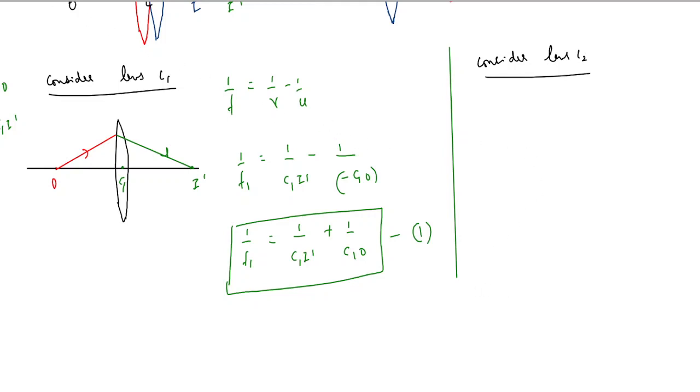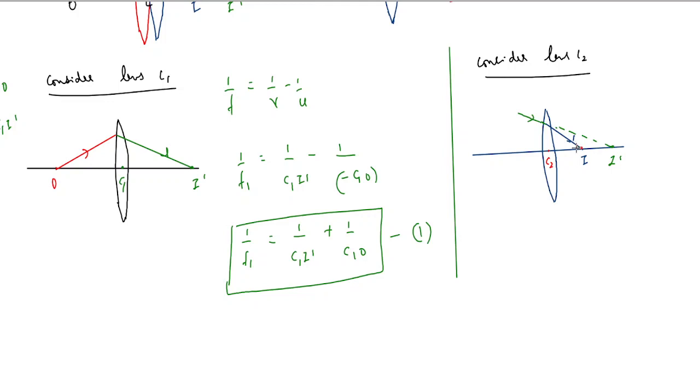For lens L2, what we find is, we find that the light ray, this light ray was trying to go towards the point I dash, but because of one more refraction at the lens L2, the light ray would deviate and finally the image is formed at the point I. For this lens L2, C2 would be its center of curvature. In this case, I is the image.